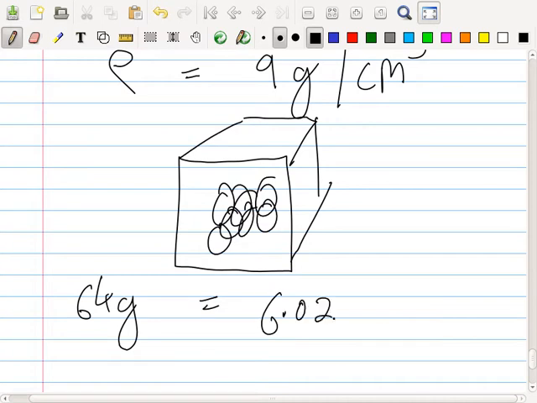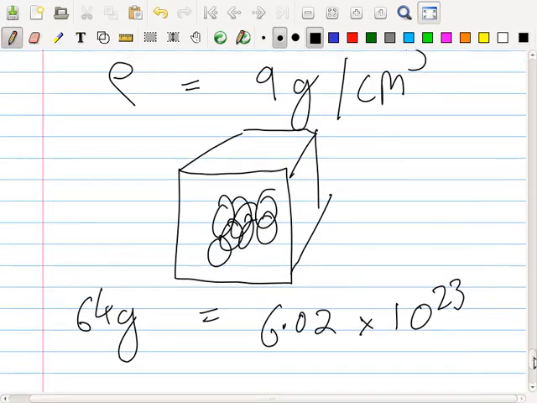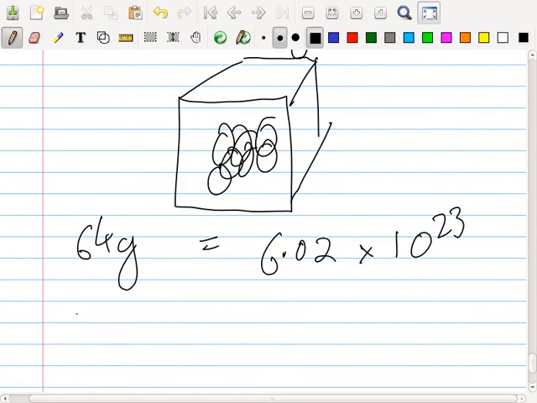6.02 times 10 to the 23. That's how many I have in 64 grams. Okay, so that is the mass, and we know the density, so we can get the volume. Do you remember the formula?